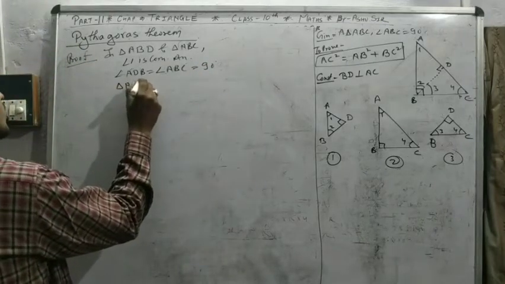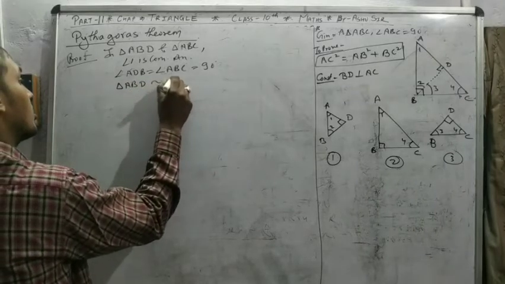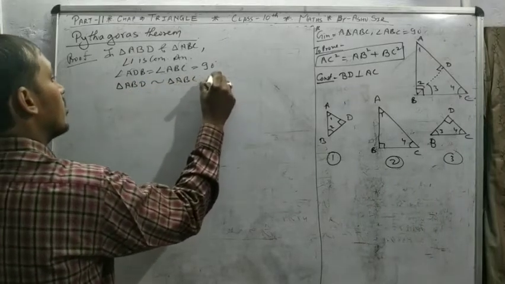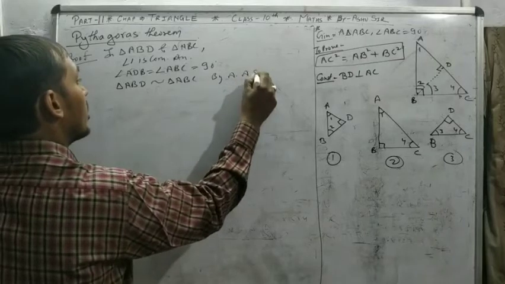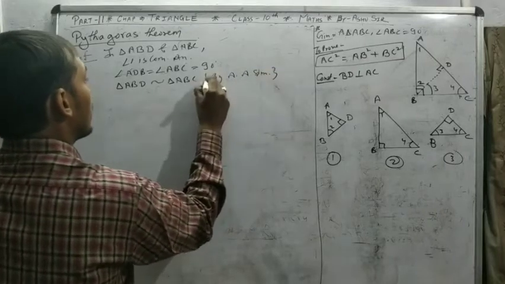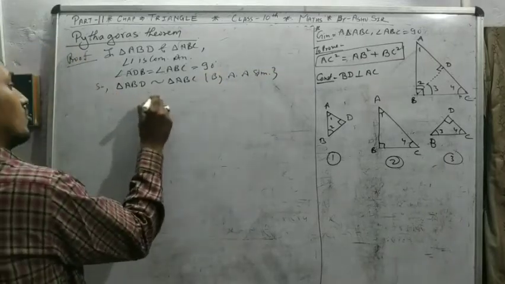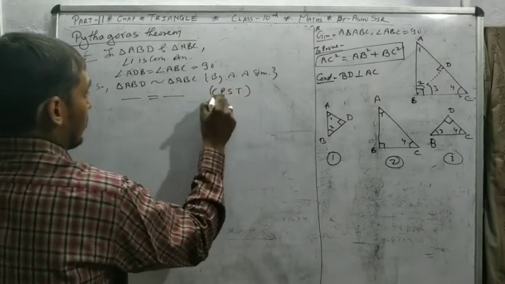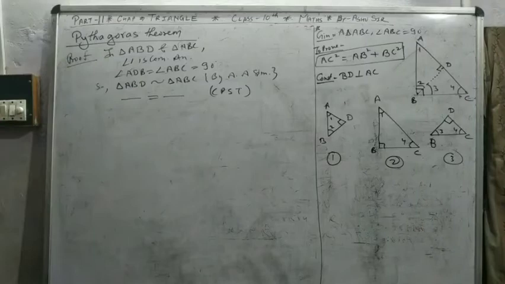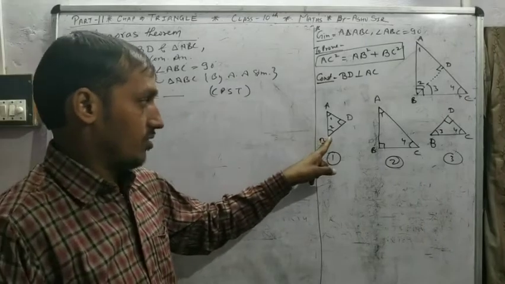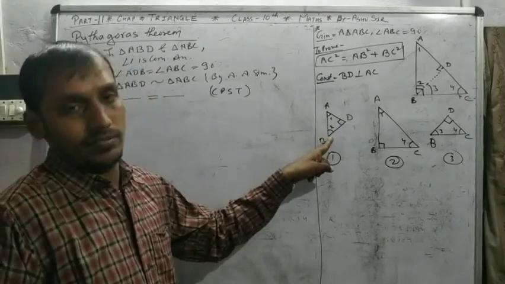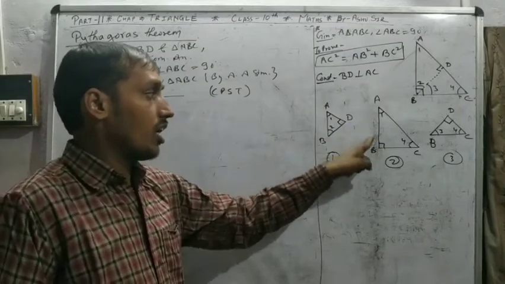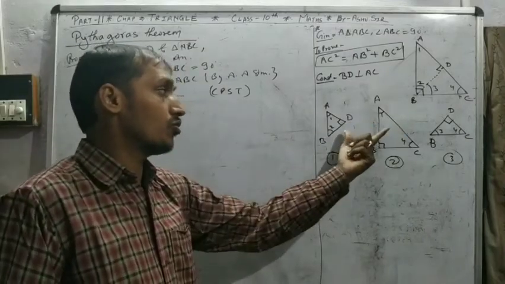In a very easy process, the triangles are similar by angle similarity. So we have to write the corresponding parts by CPST. Here we have the 3 sides AB, AD and DB. Here also 3 sides, AB, BC and AC, because we proved that these 2 are similar.